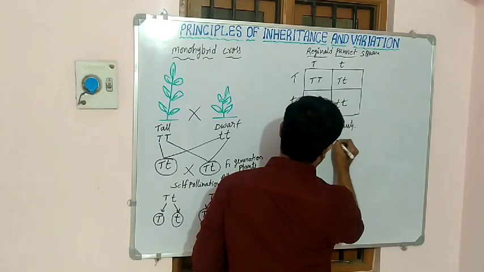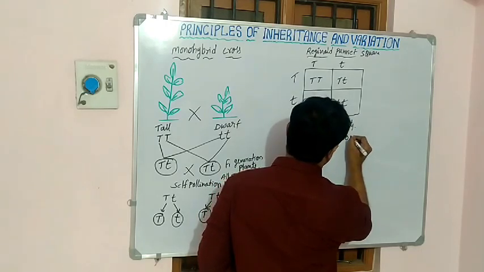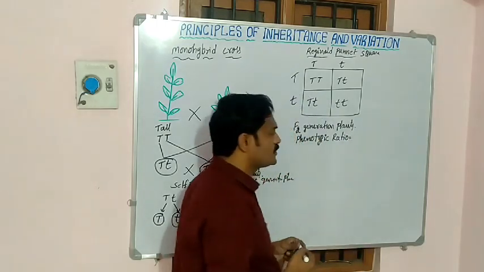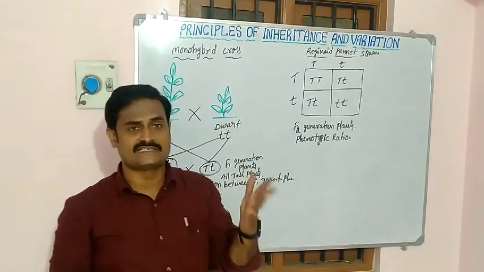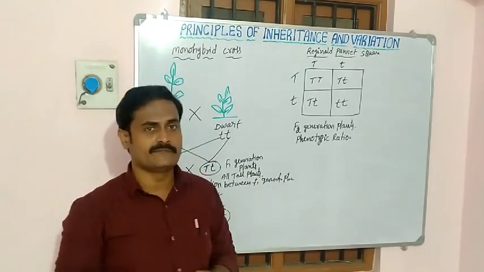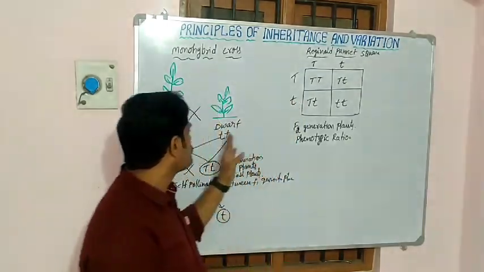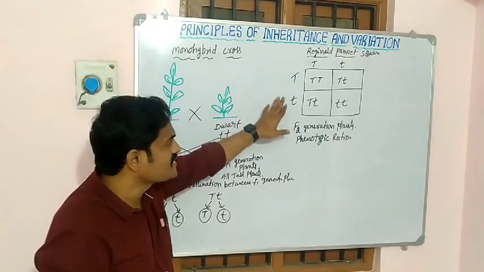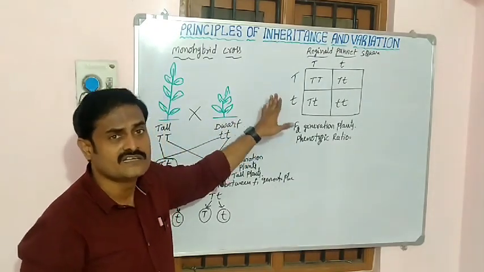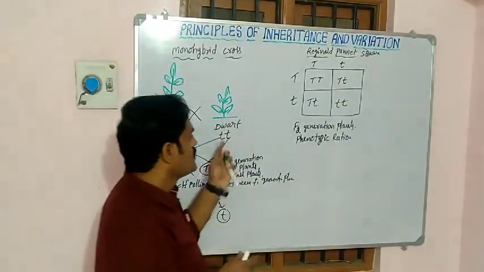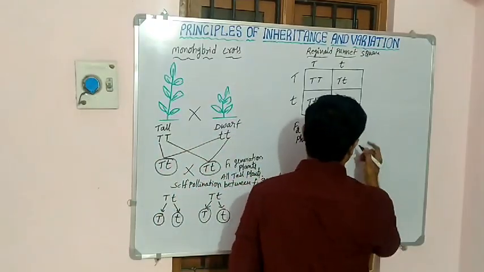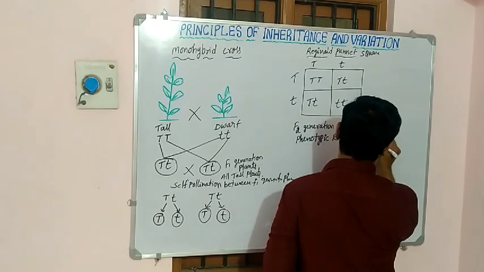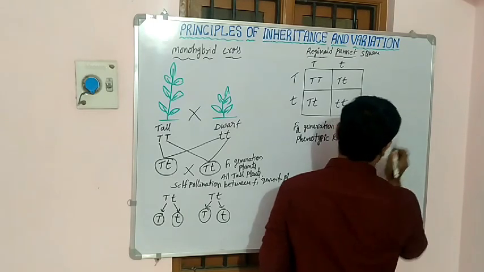Phenotypic means expressed characters. How do we determine it? What kind of parental plants did we take? Tall and dwarf. And what kind of daughter plants are seen in the F2 generation? Phenotypic means tall is to dwarf. Simply remember, tall is to dwarf.